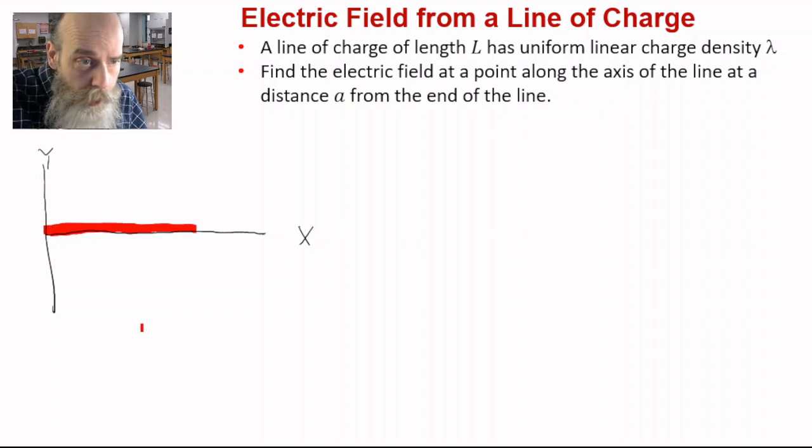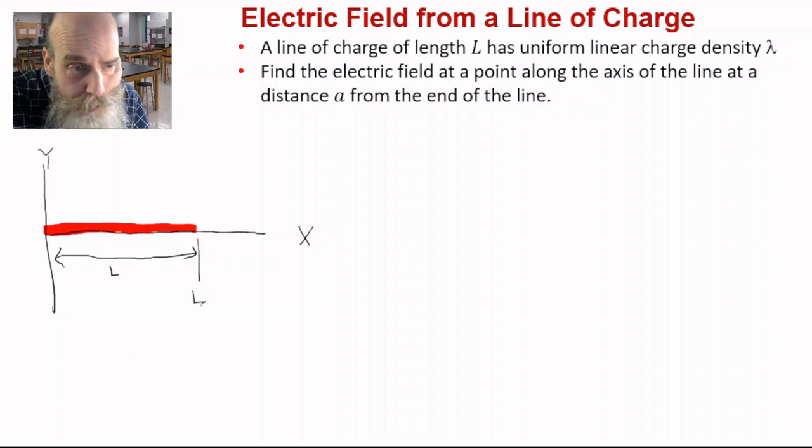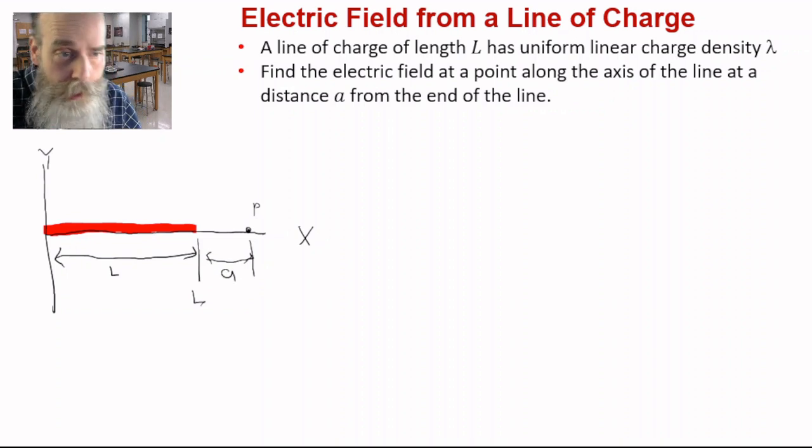It goes from the origin to x equals L. So this length here is L. And we want to find the electric field at the point here. This is point P. And point P is the distance of a from the end of the line of charge.